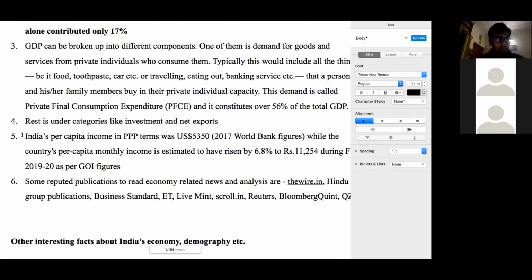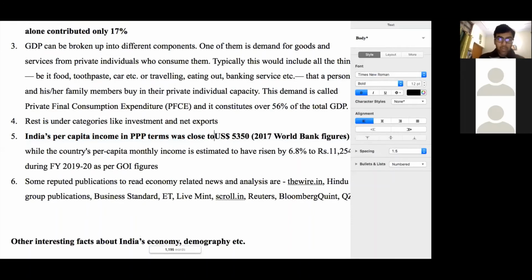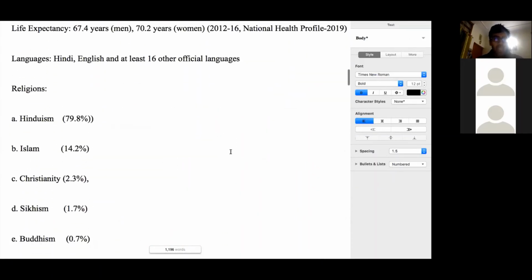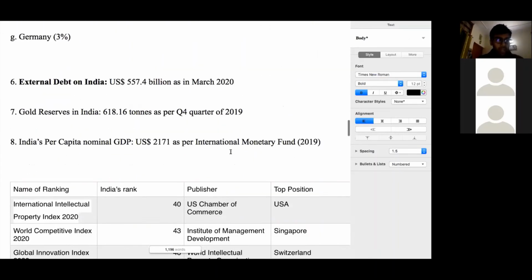that India's per capita income in PPP terms was close to US dollar 5,350. This is the PPP figure. And this one, the 2019 figure, is in fact the latest figure.